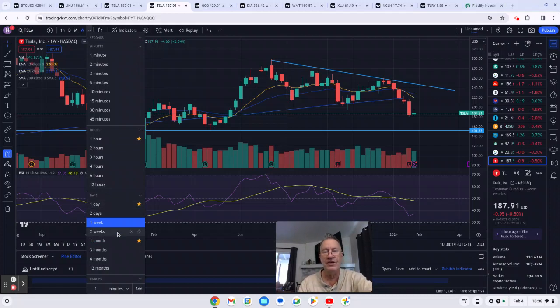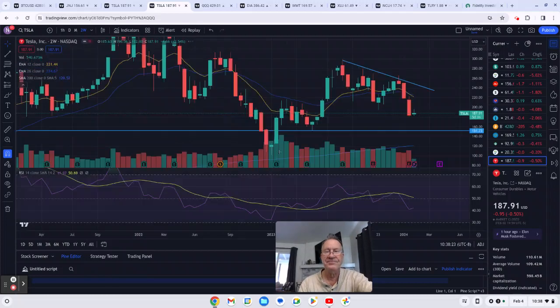So now I'm going to go into the 2-week time frame right here. These candles are 2 weeks of action, and then the next 2 weeks, and the next 2 weeks. And you still end up with the same flag. So this final candle here, it took 2 weeks for it to play out.